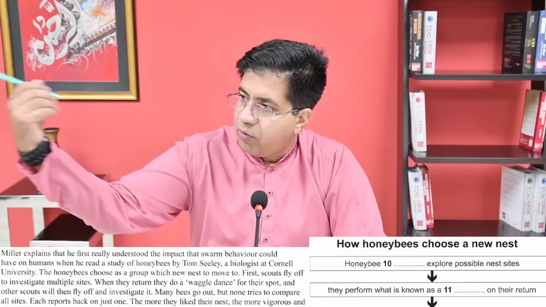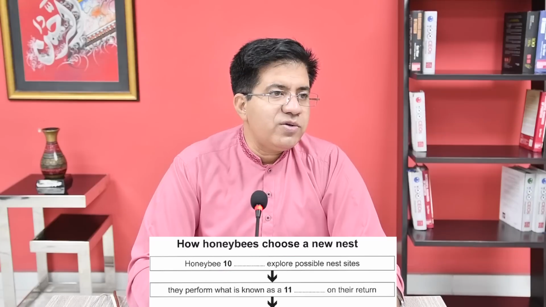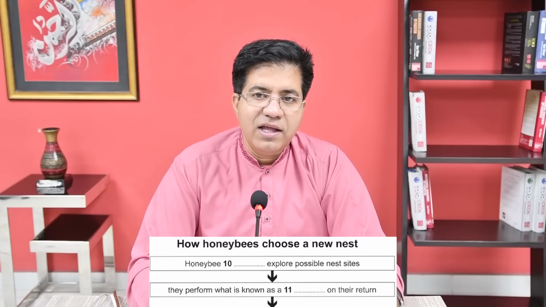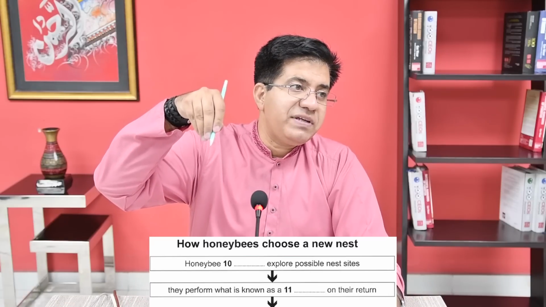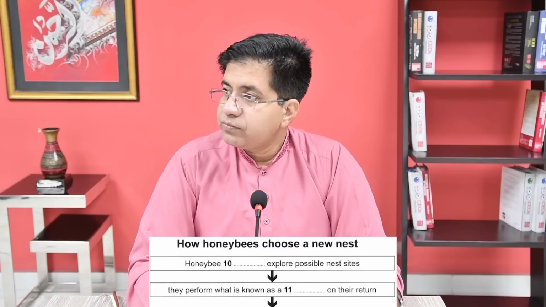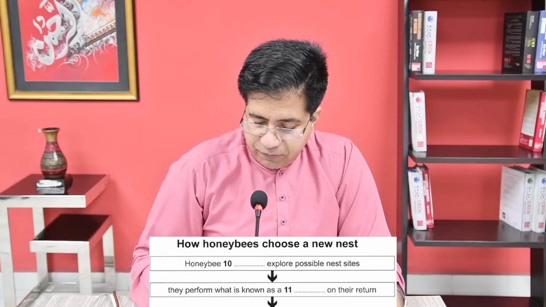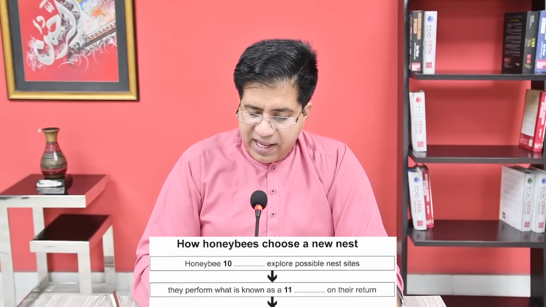Explore is for fly out. Like, you say he gets up early in the morning. Honeybee gets up, gets with an S. This is present simple tense. So honeybee scouts. Sir, for explore, to investigate? For explore, yes, that is investigate. Exactly. Possible nest sites.